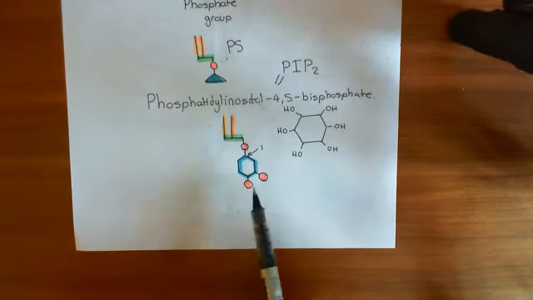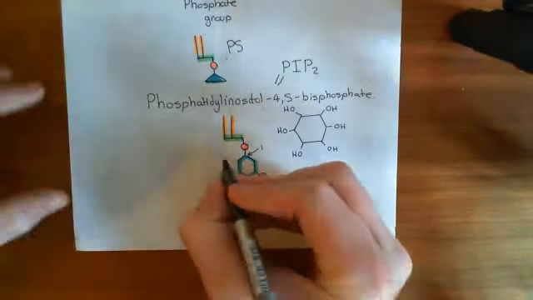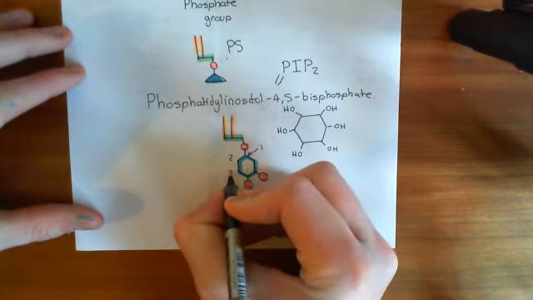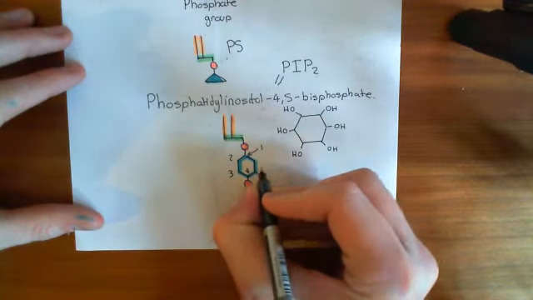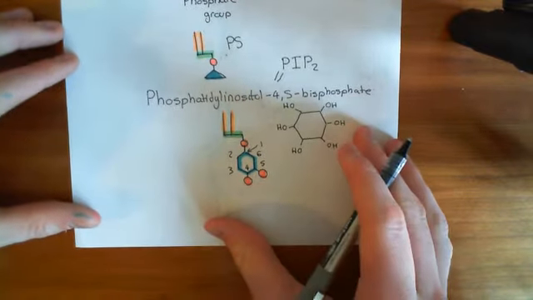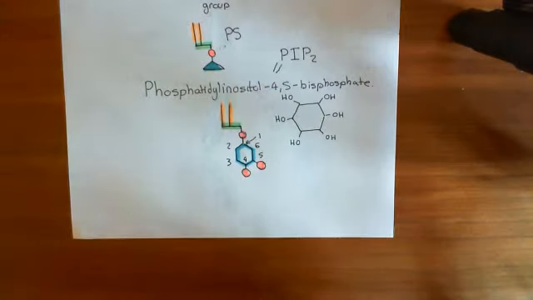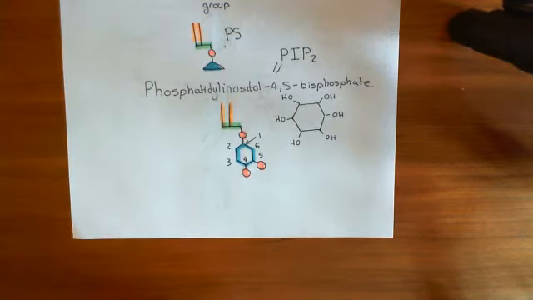But to me, it should be called phosphatidylinositol 3,4-bisphosphate. However, long ago, someone decided that you should label this carbon here with the phosphate group as the 5th one, rather than the 3rd one, which goes against all modern ways of naming chemicals, but never mind. This is phosphatidylinositol 4,5-bisphosphate. Right.